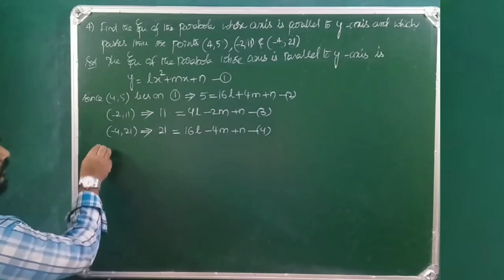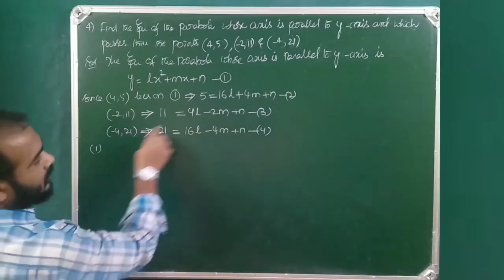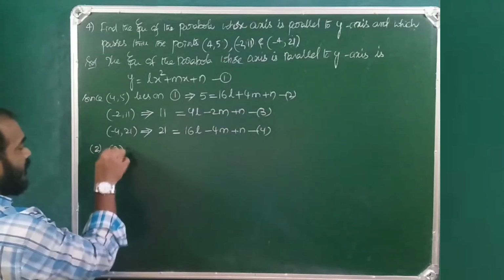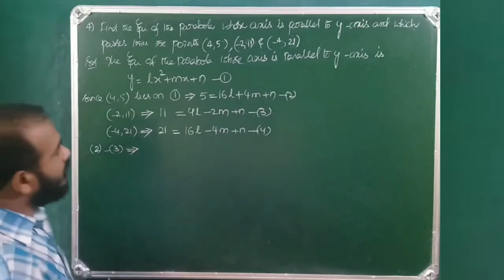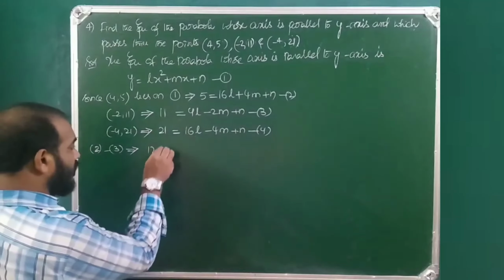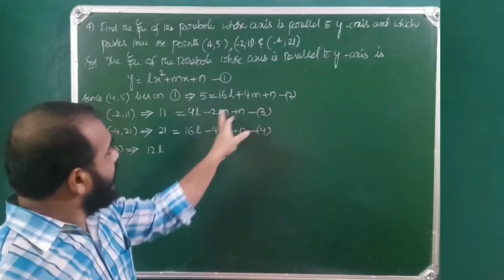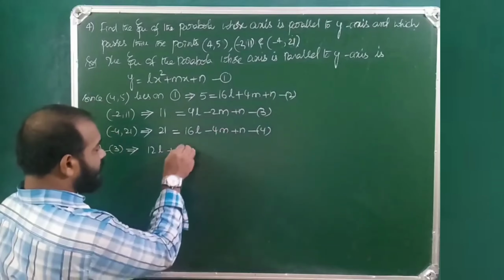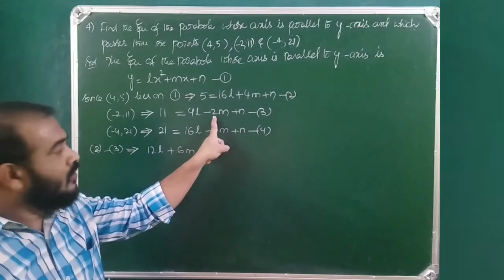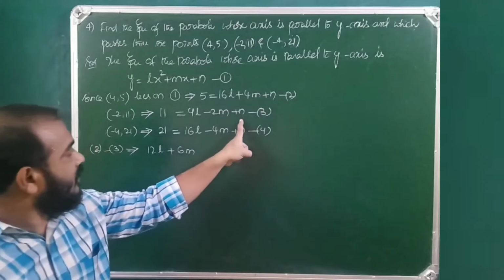Now, first equation minus second equation minus third equation gives rise to 16L minus 4L is 12L. 4M minus of minus, plus 6M. 4M plus 2M is 6M. N gets cancelled.